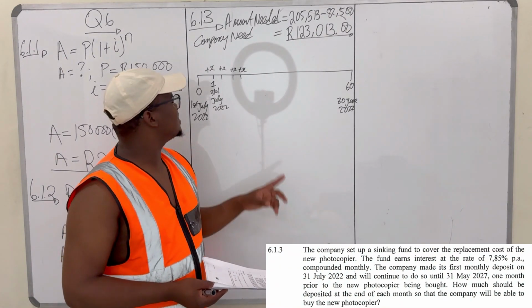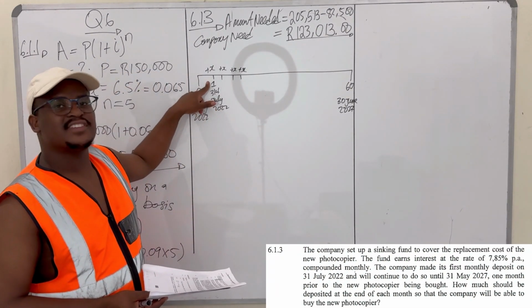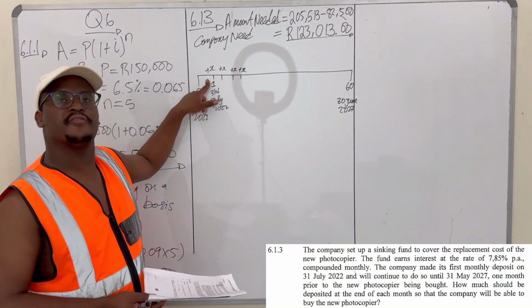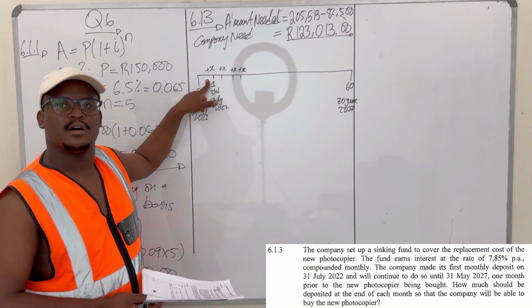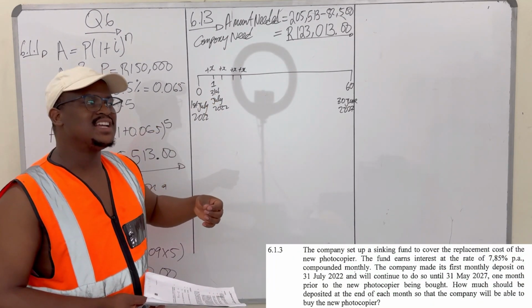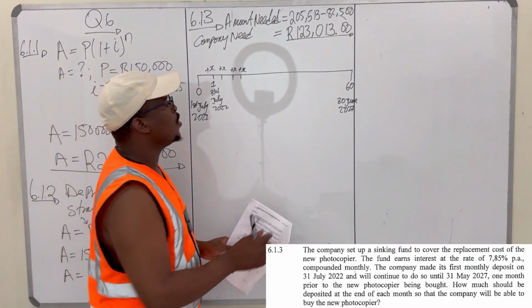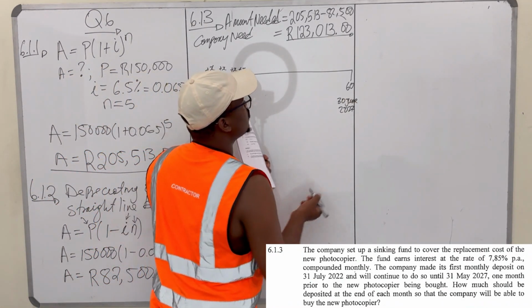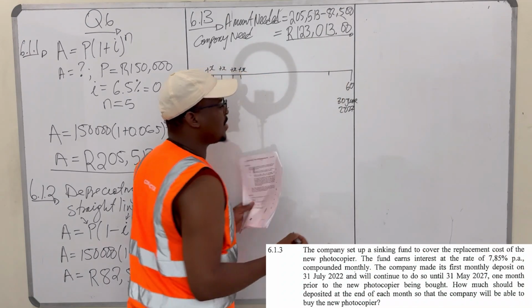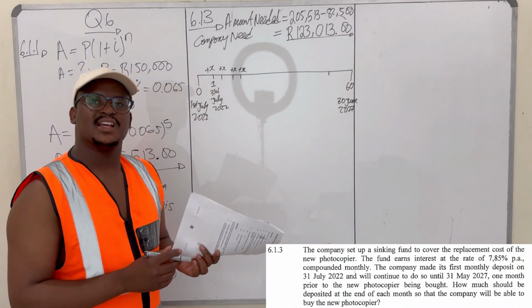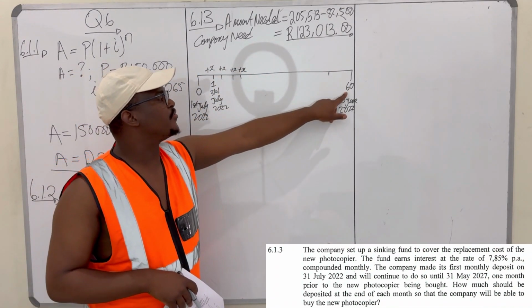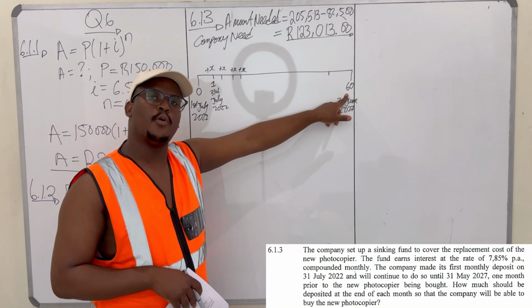But now our friend started making the payment shortly after this, at the end of the first month, right? And continue to do so until the 31st of May, which means 1 month before this, which is here. This is where our friend stopped making payments. His last payment was 1 month before the new machine was bought.